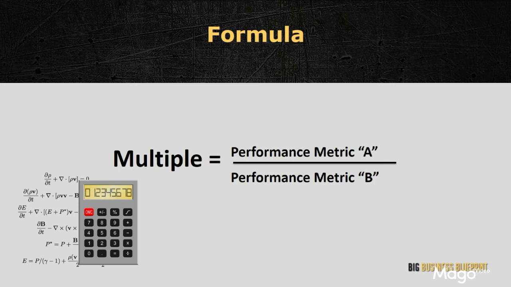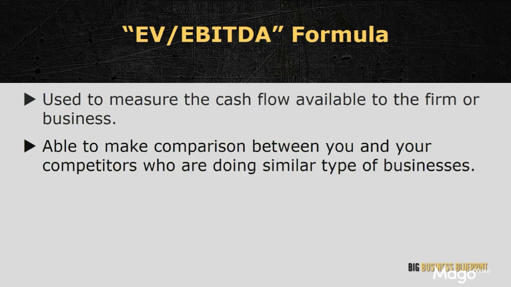Or how much should your company be earning before you sell it away? The price of the company can be estimated by multiplying the annual earnings of the company by the multiplier of 12. Simple maths, but this formula can only be used as a rough estimation of how much your business is worth. However, a more precise way of doing it will be using the EV over EBITDA formula.